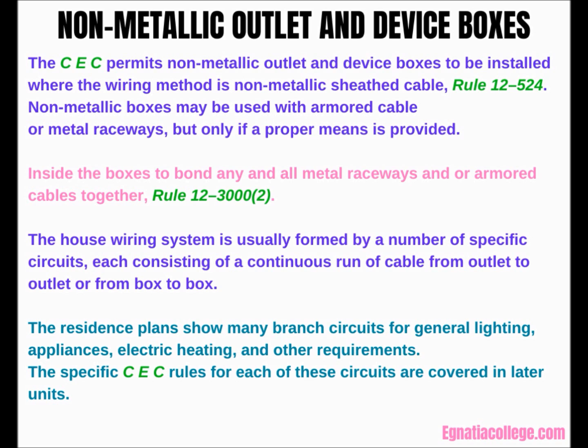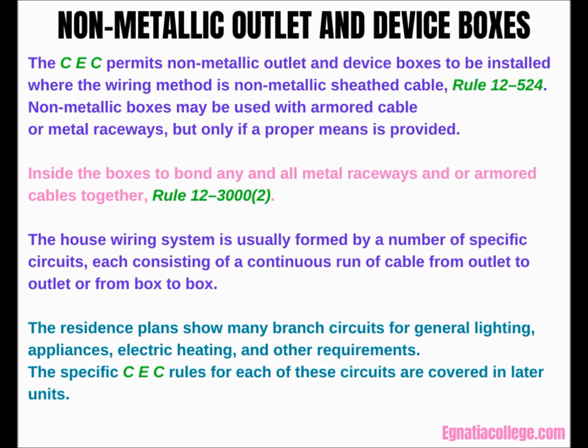The CEC permits non-metallic outlet and device boxes to be installed where the wiring method is non-metallic sheath cable, Rule 12-524. Non-metallic boxes may be used with armored cable or metal raceways, but only if a proper means is provided inside the boxes to bond any and all metal raceways and/or armored cables together.